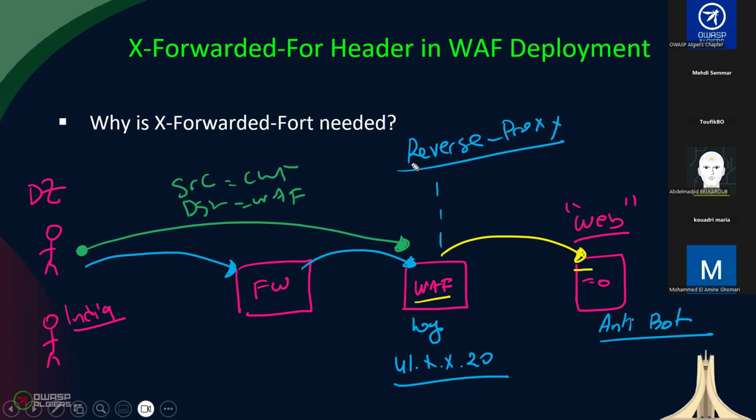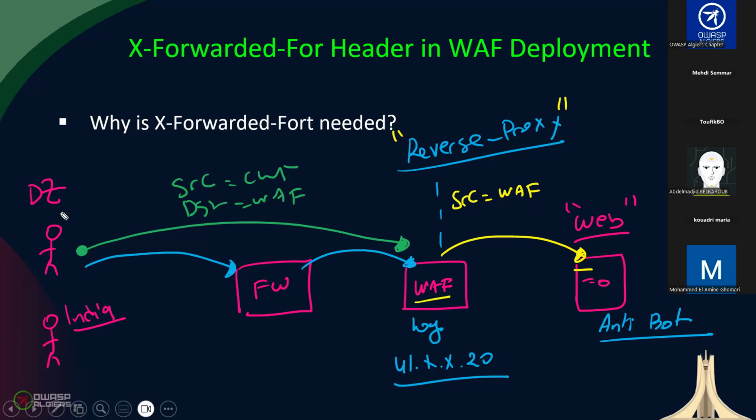So with this reverse proxy deployment, the backend server is prevented from checking the real IP address of the client. So from the backend application, all the traffic coming from the WAF is seen from the source IP of the WAF. So no content-like policies can be applied.